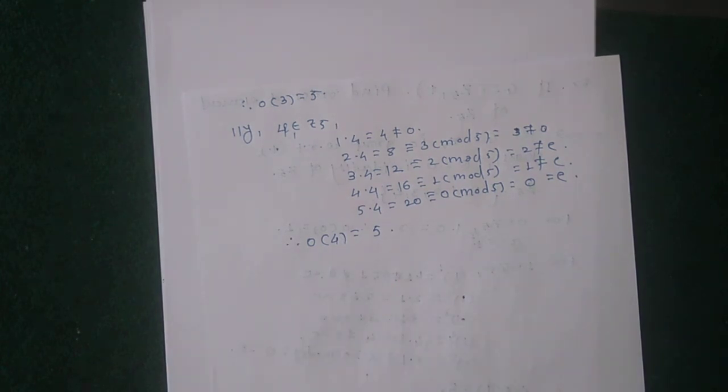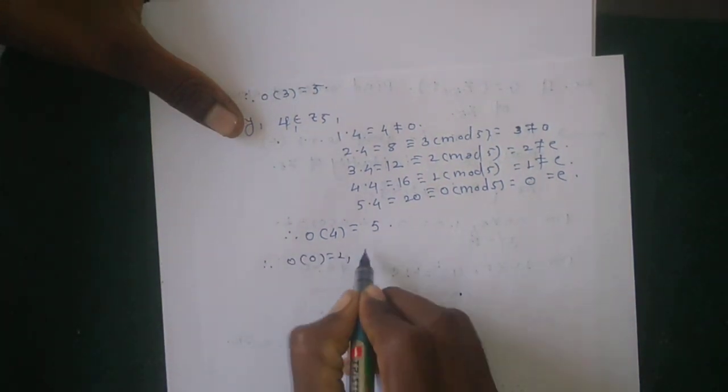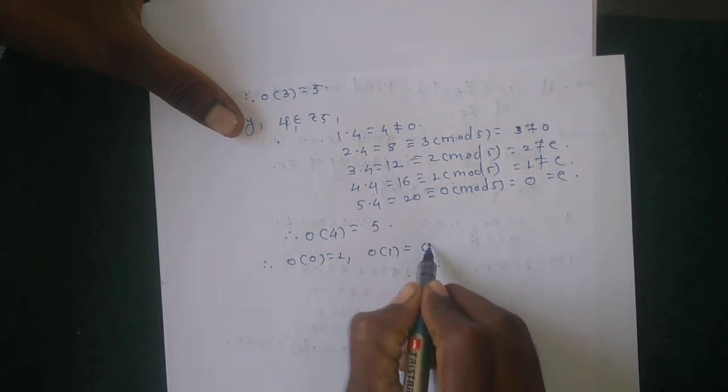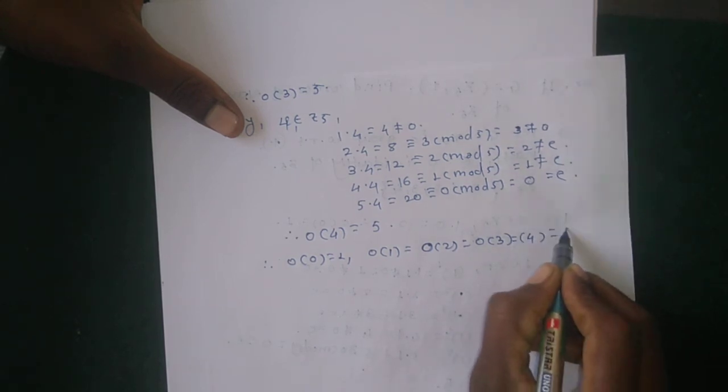Means only 0 has order 1, and all other elements have order 5. 1 has order 5, 2 has order 5, 3 has order 5, 4 has order 5, and only 0 has order 1. Therefore the order of 0 is 1, and the order of 1 equal to the order of 2 equal to the order of 3 equal to the order of 4 equal to 5.